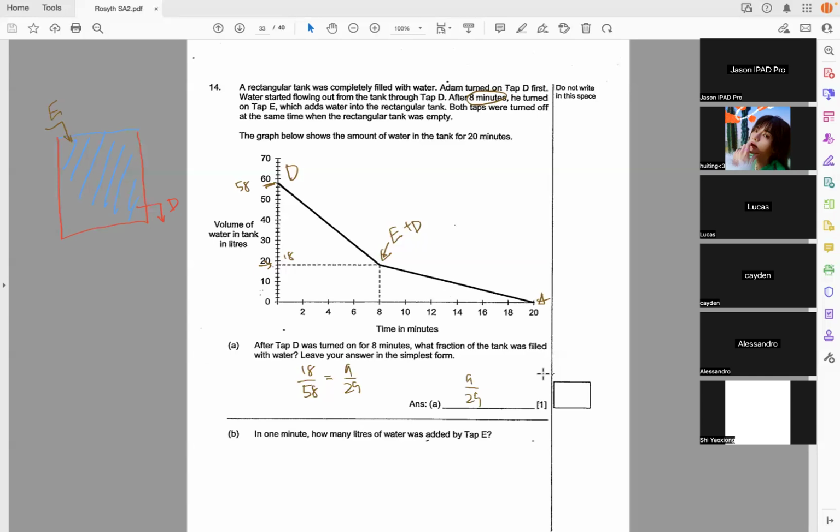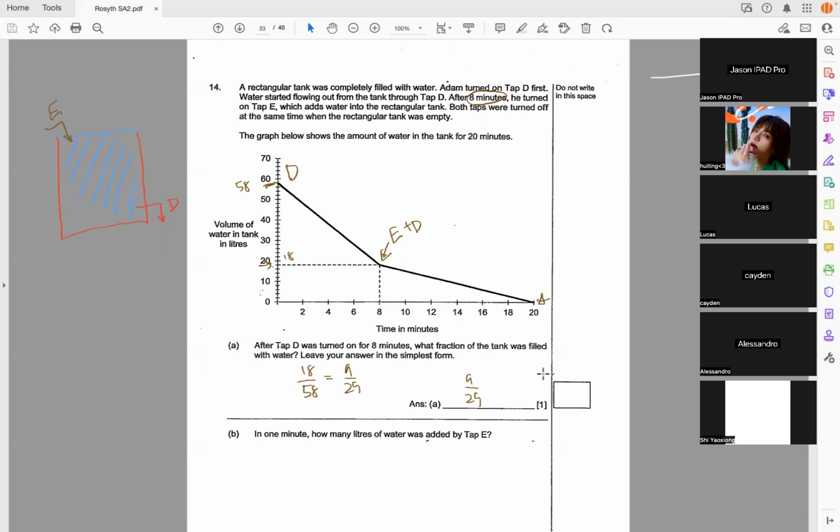Okay. I'm going to use my right side to write. So right side I'm going to do here, okay? So in 1 minute, how many liters of water was added by tap E?